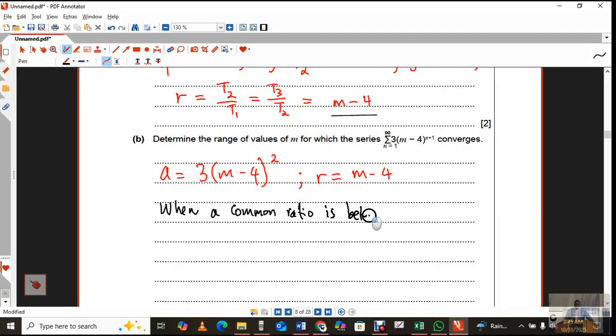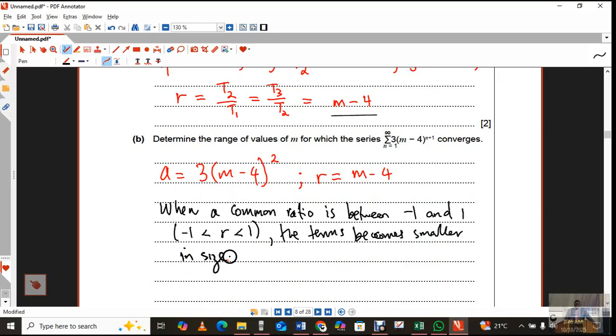is between -1 and 1, like this, the terms become smaller and smaller in size, and we call such a sequence a convergent sum.